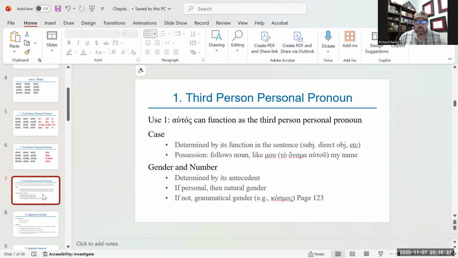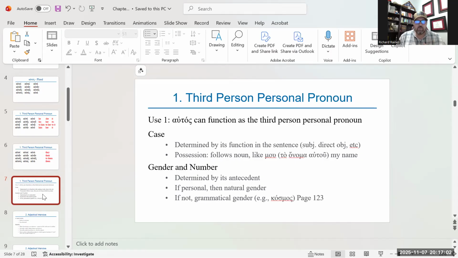You would refer to a world in English as it. So those are just some translation keys. So if it doesn't make sense in English, then your translation needs to follow the natural gender that it would follow in English.